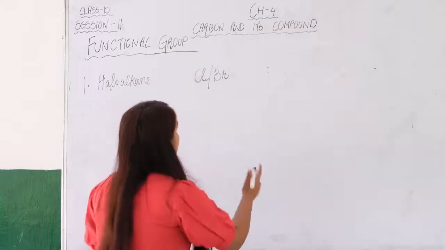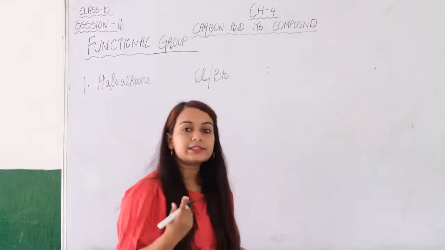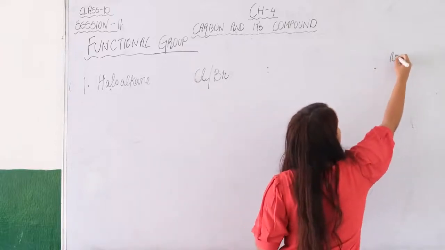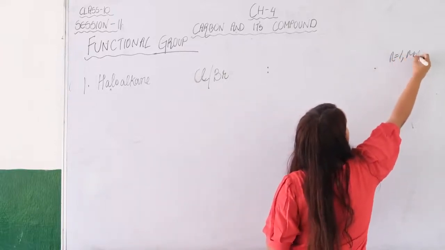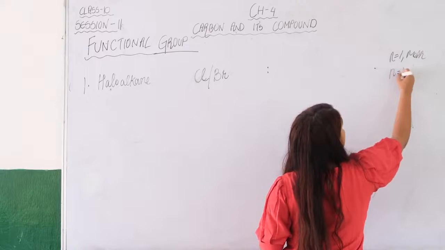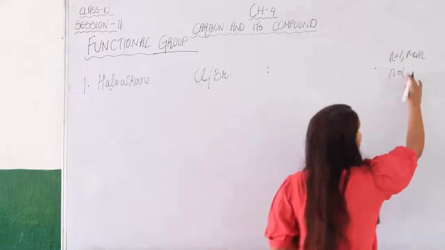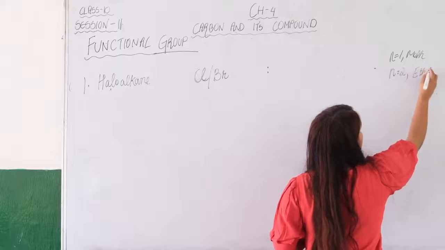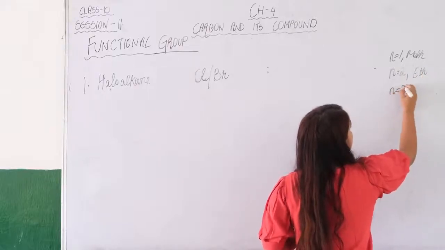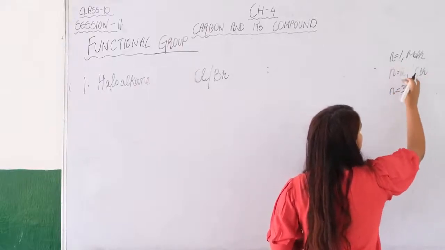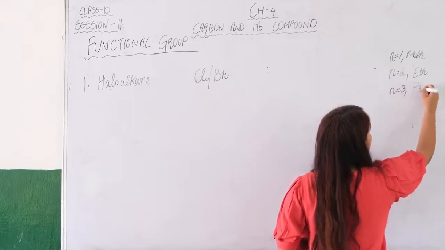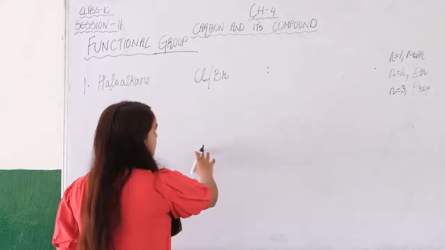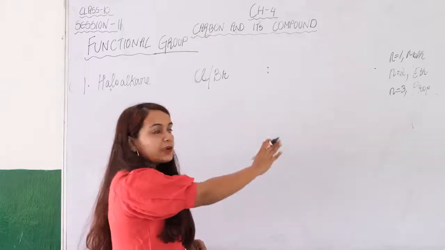Suppose, when we were discussing alkane, alkene and alkyne, I mentioned that if n is equal to 1, it will be meth. N is equal to 2, it will be eth, and n is equal to 3, it will be prop. So we will just, for example, take prop.